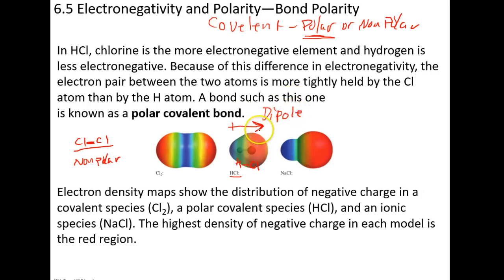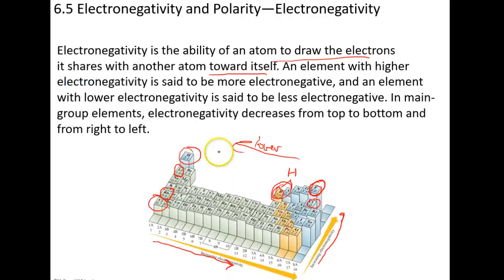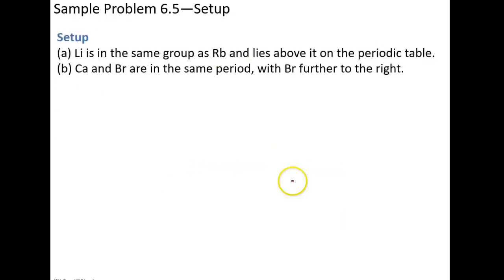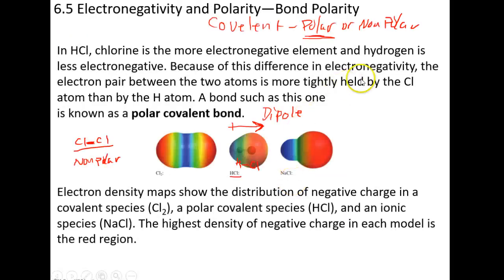There we go. Since chlorine is more electronegative than hydrogen, if you look on the periodic table, here's chlorine, one atom away from fluorine. Remember, hydrogen is right in this location. So chlorine is much closer to fluorine and hydrogen is further away, so chlorine has more of the negative charge. Chlorine is pulling the electrons towards itself.